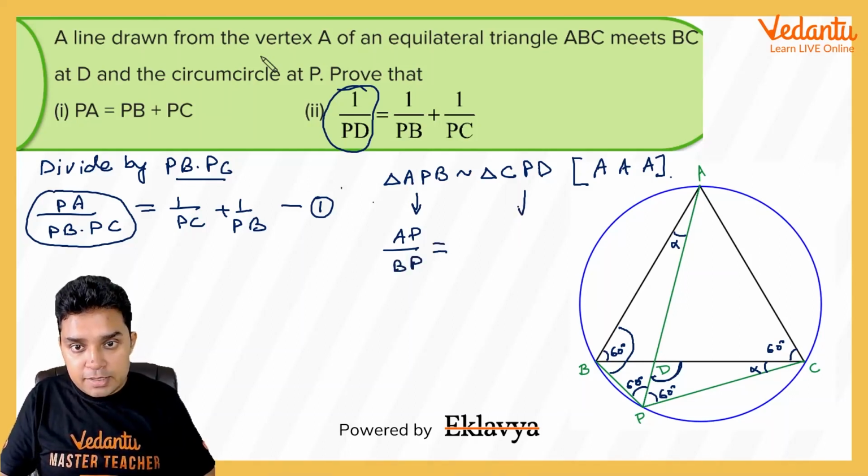Whereas in this triangle, if we take the corresponding sides, the side opposite to angle D will be PC, and the side opposite to alpha will be PD.